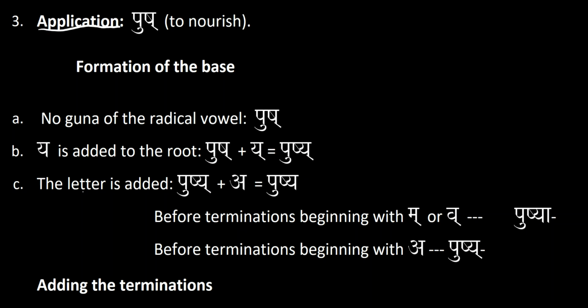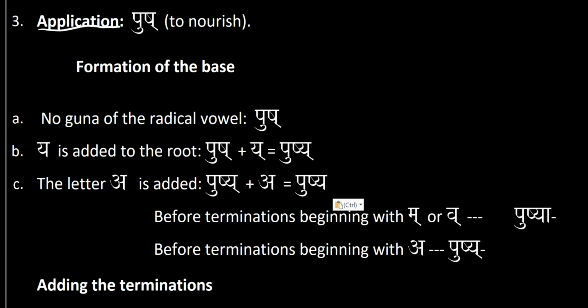And when the letter a is added, just fix the typo there. So when the letter a is added, it becomes pushya, which you're basically removing this halant here. So after you end up with pushya, then you could add your termination endings.